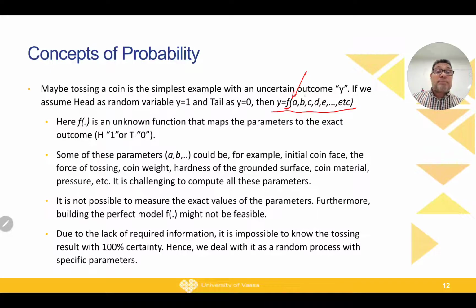B is, for example, the force that you throw the coin. C, the weight of the coin. D is the ground characteristic that the coin will land on. E, and so on.